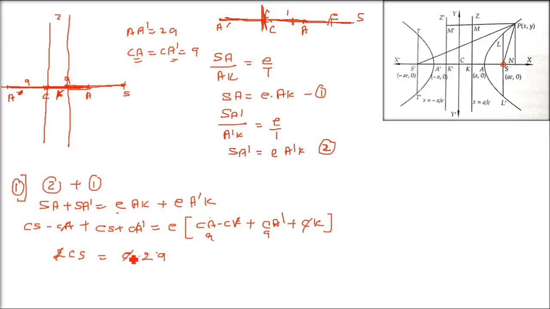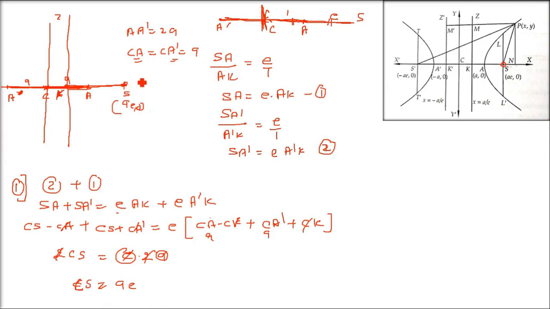I'm cancelling 2. So CS will be equal to AE. If you take C as 0, 0, the point S, that is the focus, is AE, the distance. So coordinate of S, if you take C as origin, it will be AE comma 0.